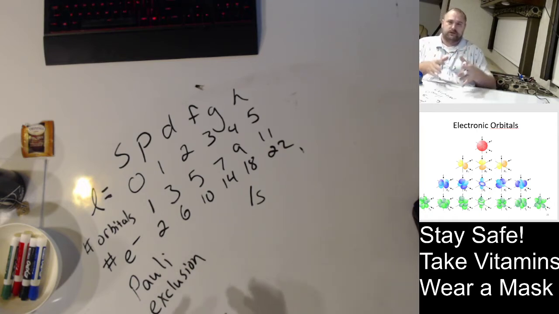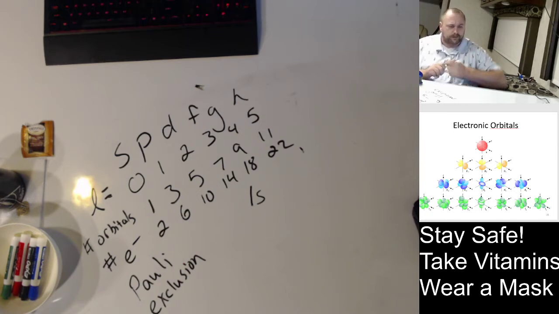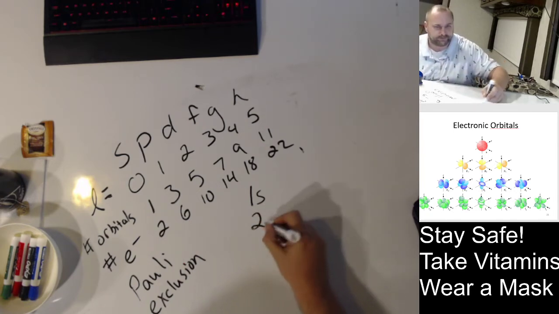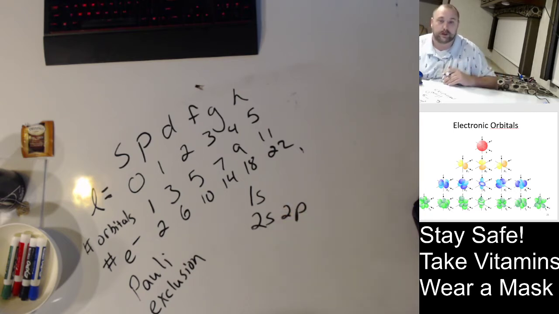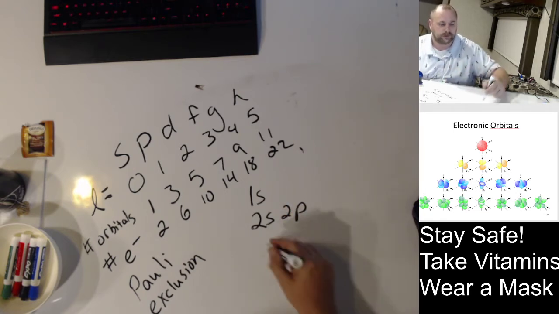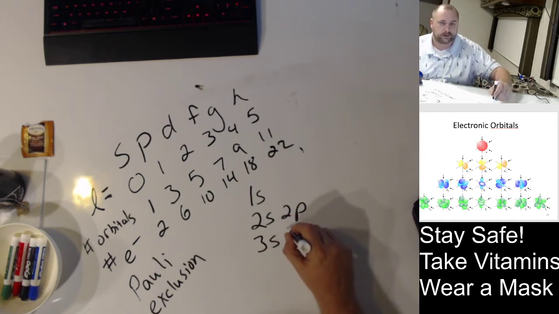And just like when you order a medium pizza, it's a lot bigger than a small pizza. And when you get that large, its diameter might not be much bigger, but it's a lot bigger. So when we go out in energy level, we add a new orbital. Every time I go down a row, I'm going to add a column.